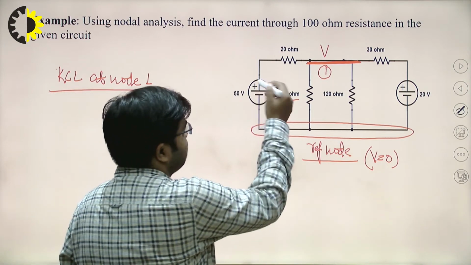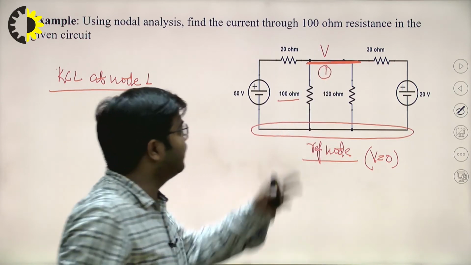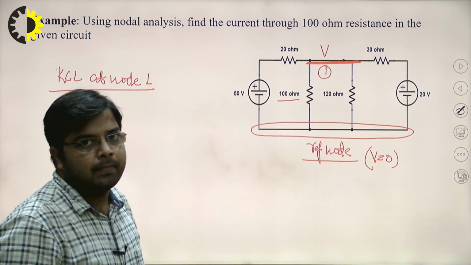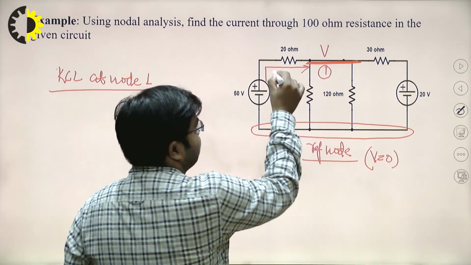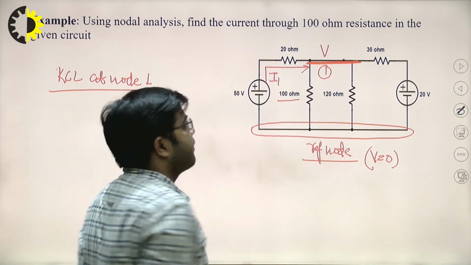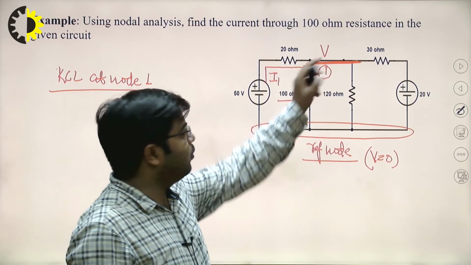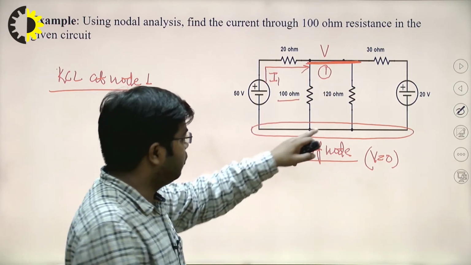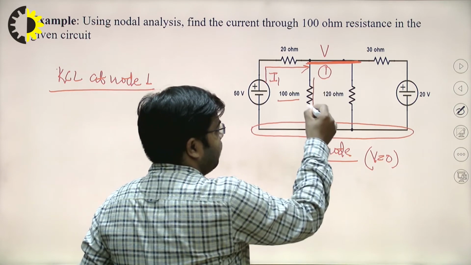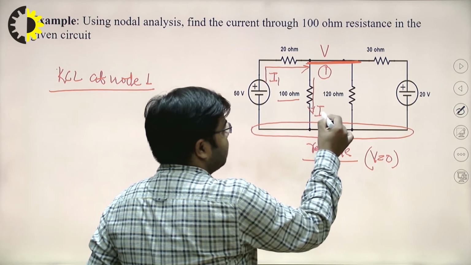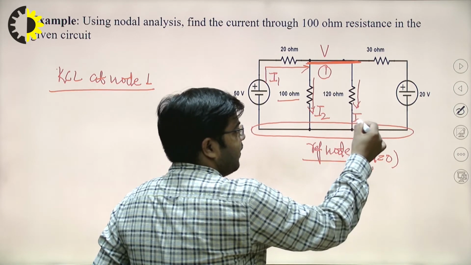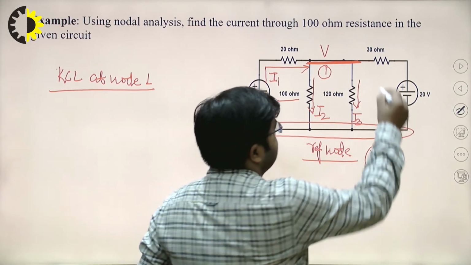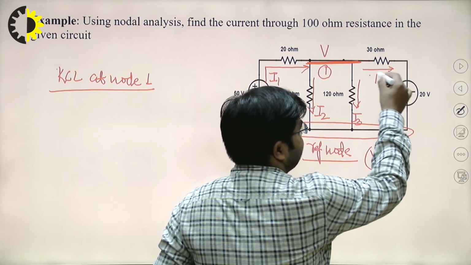So this is the high potential, assume that, and assume that this voltage is less than this voltage. Okay. So this current will flow like this. Suppose this is the current I1. This is voltage V and this is the zero voltage. So the current will flow like this. Suppose this is the current I2. Similarly, through this resistance, current is I3, and through this resistance, current is I4.